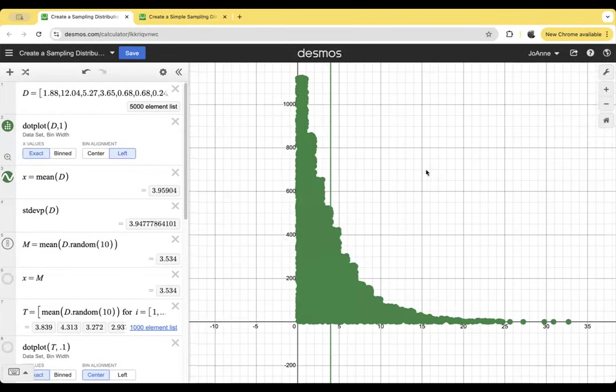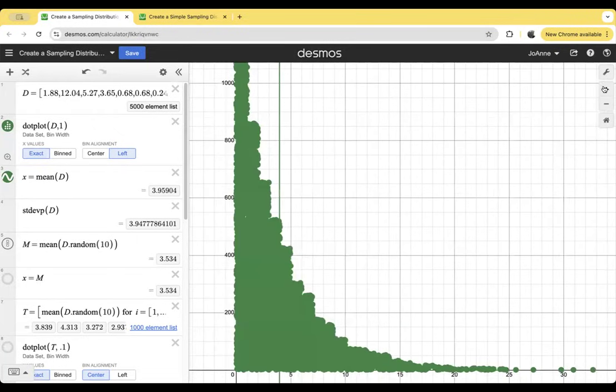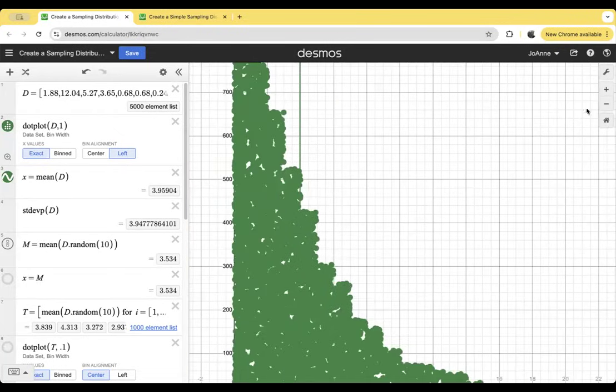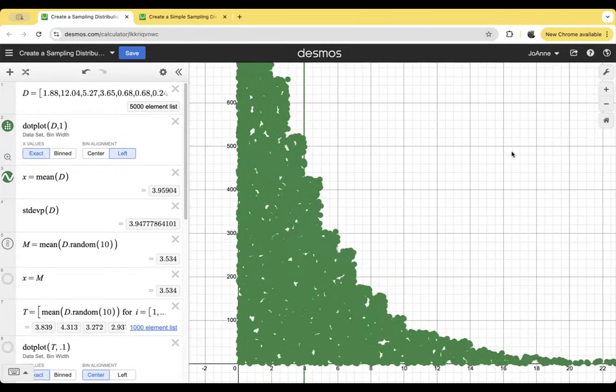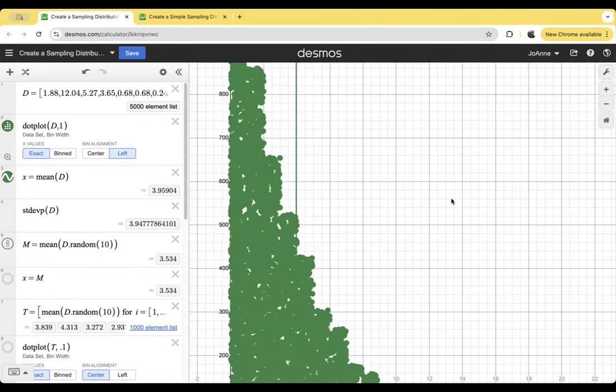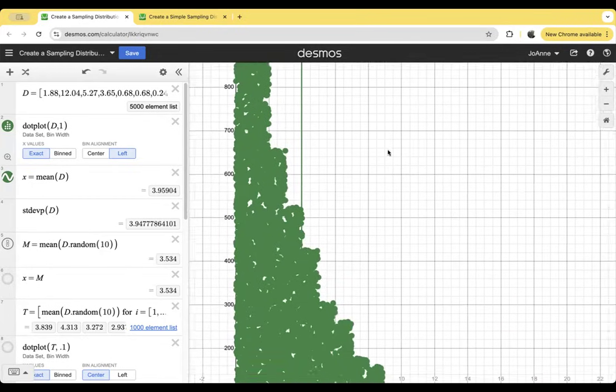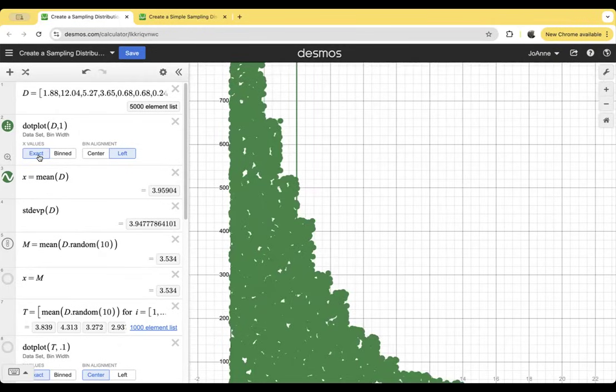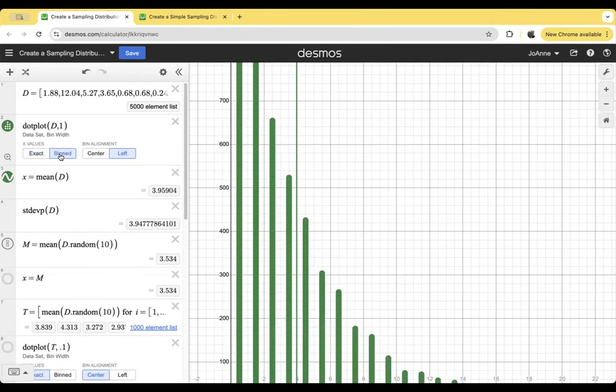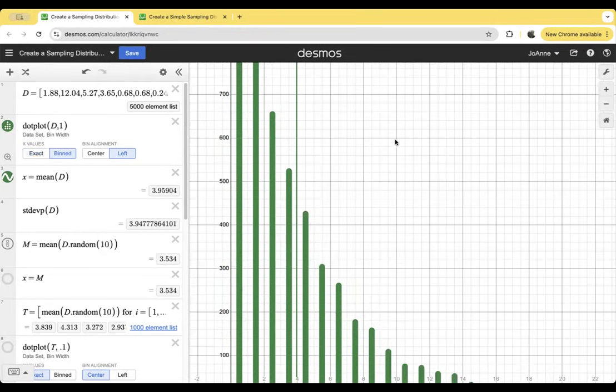Okay, so here we are in DESMOS, and my slideshow had a slightly different appearance. It's because DESMOS has the ability to view the data as single dots, which are considered to be exact values, versus binned dots, which tends to look a little bit like a histogram.